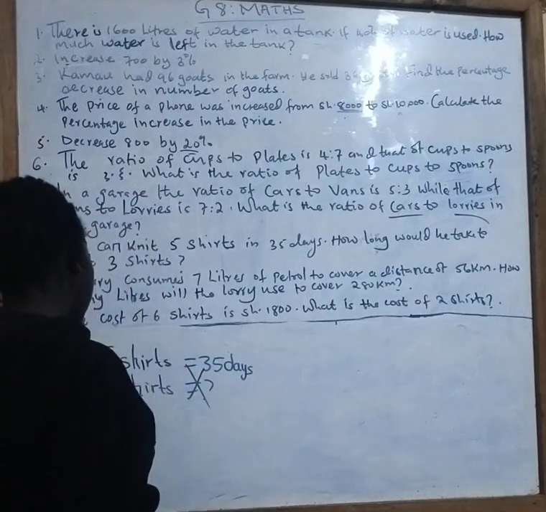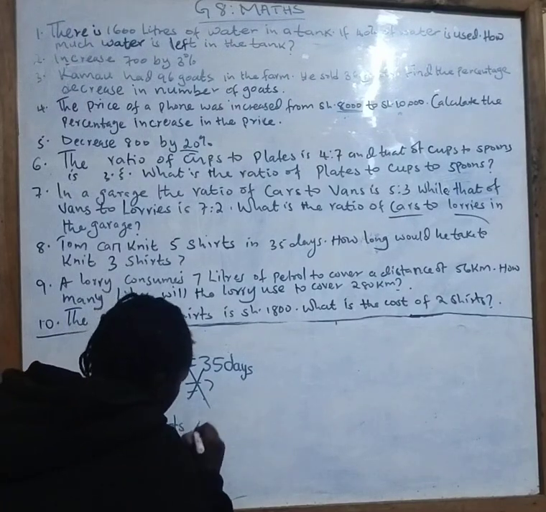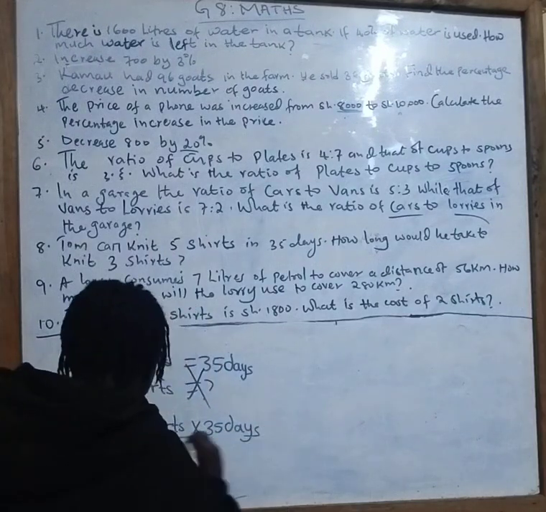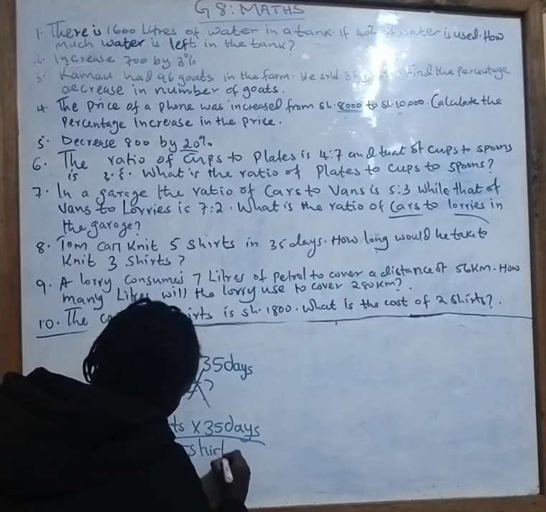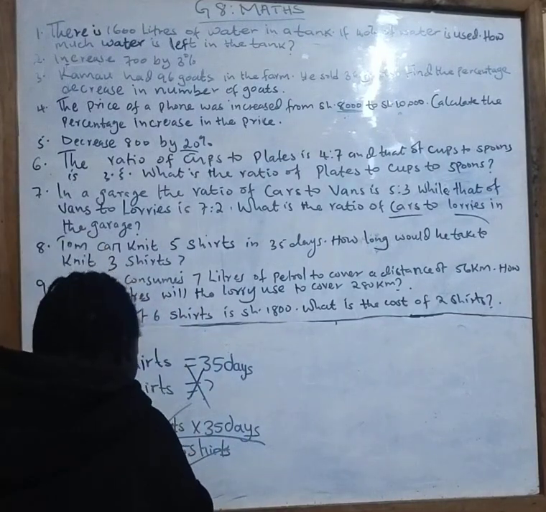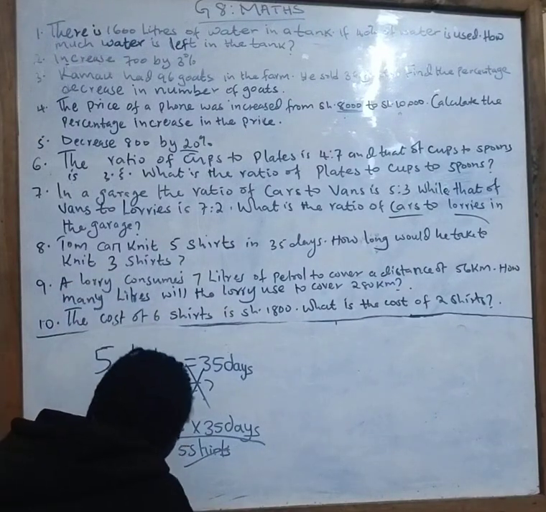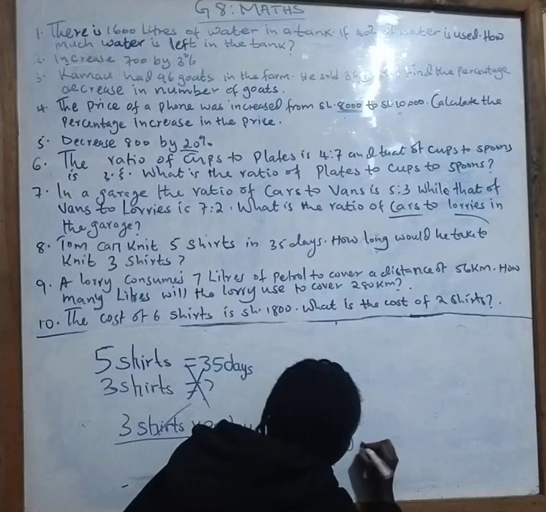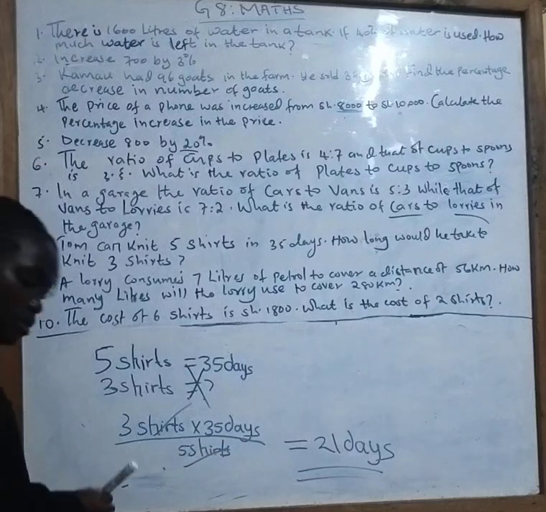You will cross multiply: 3 shirts times 35 days over 5 shirts. Shirts and shirts. So your final answer is 21 days.